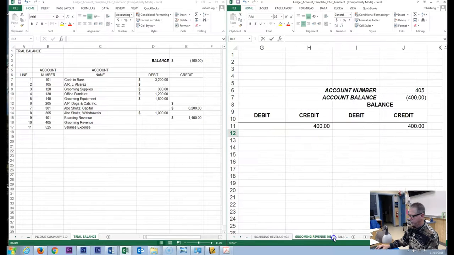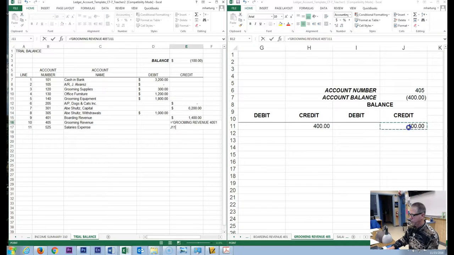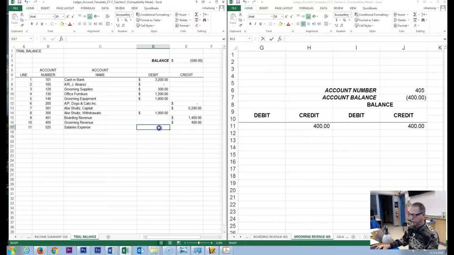Grooming revenue. And salaries expense, and we expect our salaries expense to be a debit balance.